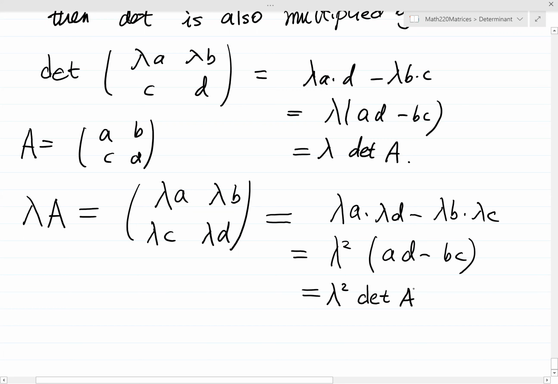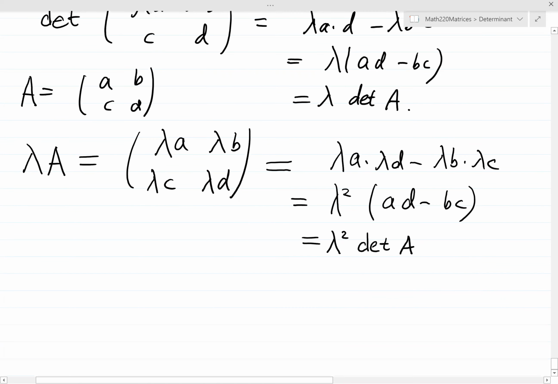So where does the square come from? The square comes from the fact that A is a 2x2 matrix. If it is a 3x3 matrix, then you multiply the determinant of A by lambda cubed.